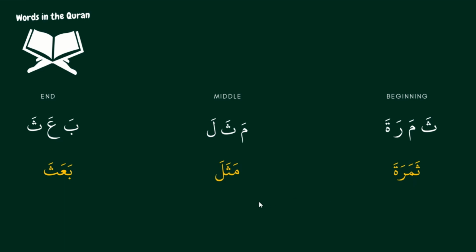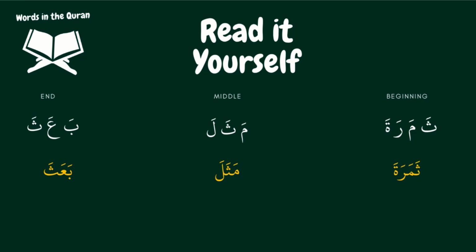So look out for the dots. Read it yourself. If you need more time to read and understand, you can rewind the video. Congratulations, you have read 13 words in the Quran.